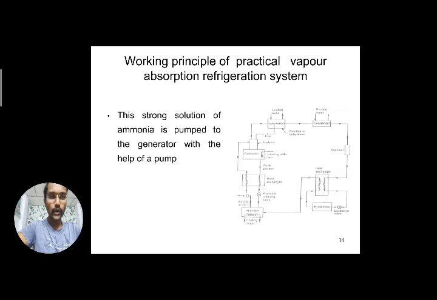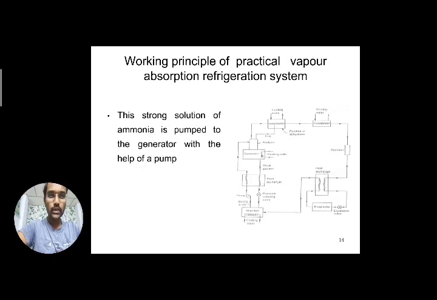So due to the differences in the pressure, there is less chance for the vapor refrigerant coming out from the evaporator to enter into the absorber. I hope you have understood that. Low temperatures must be created here, then low pressures can be maintained in the absorber. Then only will the refrigerant enter into the absorber from the evaporator.